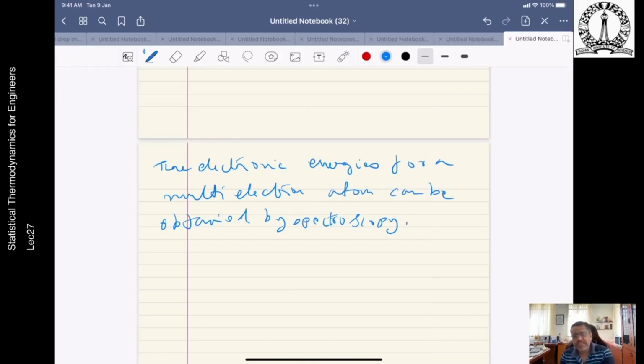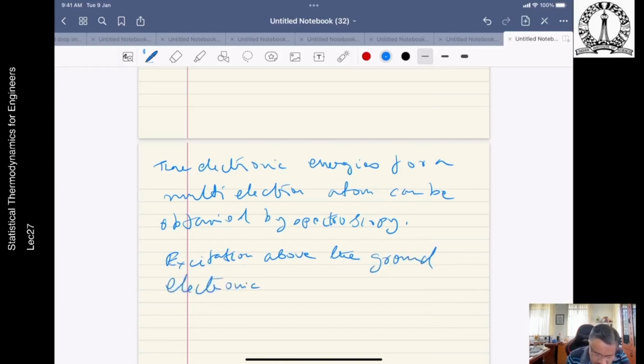Typically, excitation above the ground electronic state occurs due to chemical or radiative processes that excite a single valence electron to a more energetic subshell. So excitation above the ground electronic state is usually determined by a chemical or radiative process.